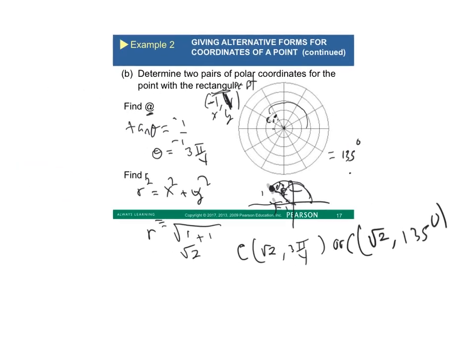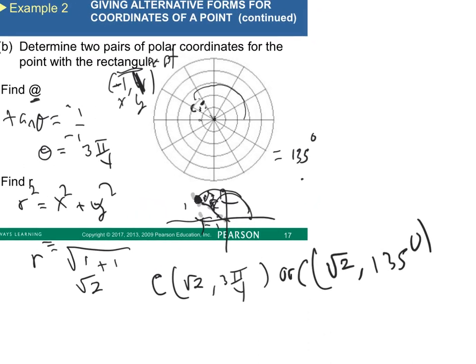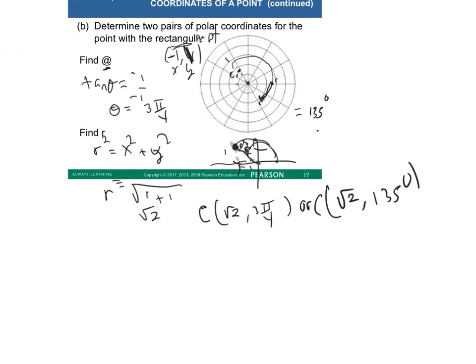He wants two answers. So what would be the easiest to get? Maybe it'd be easier to go negative angle and then do a negative r. So if I go negative angle, that would only have been down pi over 4 that way. So C could also have been a negative pi over 4.